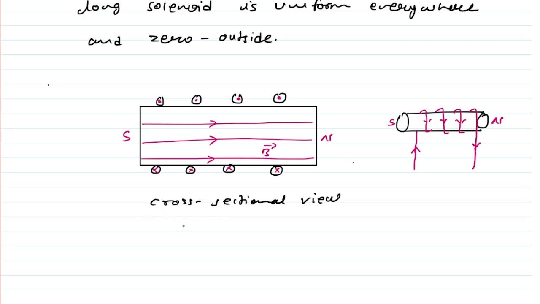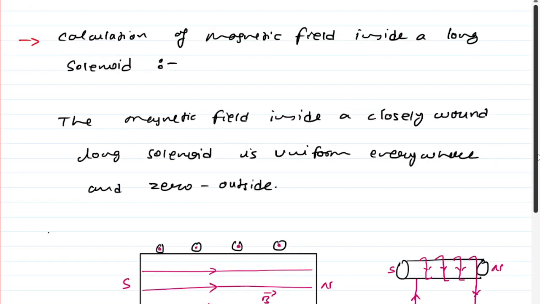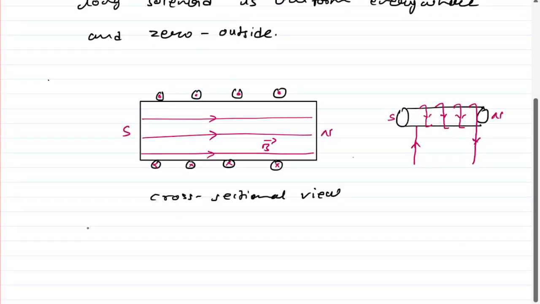So to determine the magnetic field at any point, first of all we have to consider an Amperian loop. We are going to apply Ampere's circuital law to determine the magnetic field due to a long straight solenoid. As you know, to apply Ampere's circuital law we need to consider an Amperian loop. Let us consider one Amperian loop here at this point.